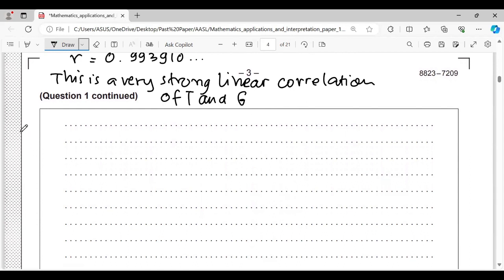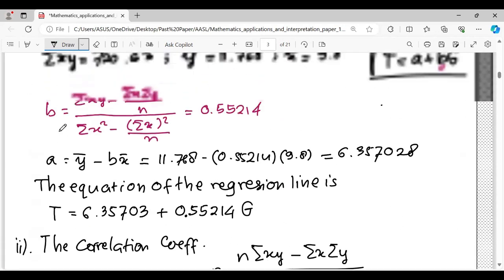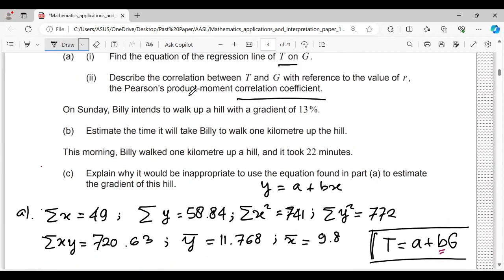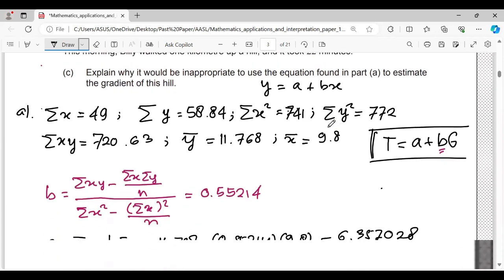Next, part B. The question is: estimate, on Sunday, Billy intends to walk up a hill with a gradient of 13%. Estimate the time it will take Billy to walk 1 kilometer up the hill.